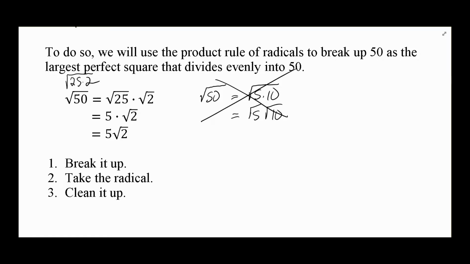So we're not going to say what two numbers multiply together to equal this. That's the wrong question. The right question is, which perfect square divides evenly in? Or in the case of a cube root, which perfect cube divides in? So we're looking for perfect powers to break up these radicals with. That way we can actually take the radical.